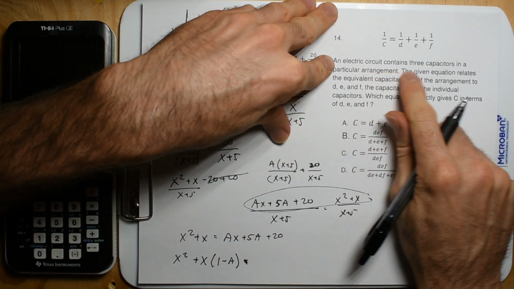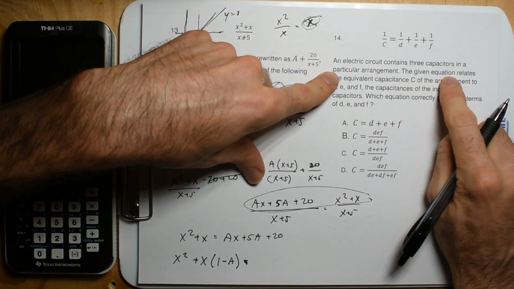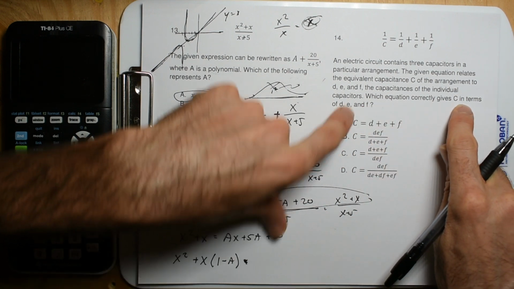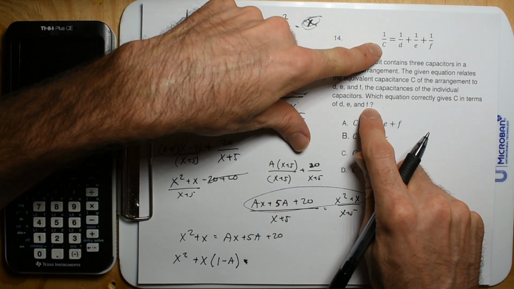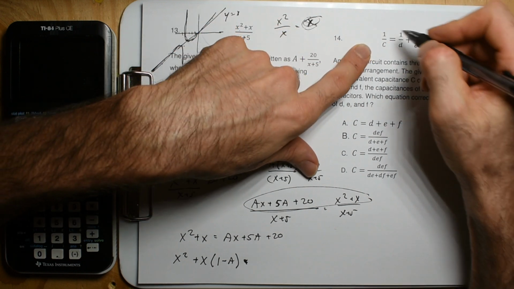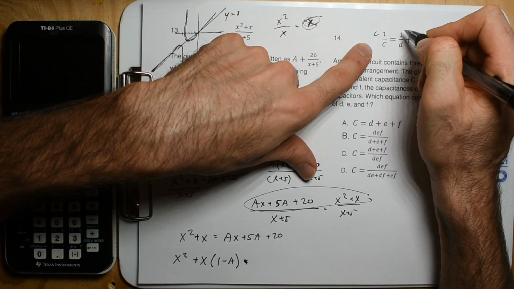An electrical circuit contains 3 capacitors in a particular arrangement. Let's just read the question. Which equation correctly gives C in terms of D, E, and F? Okay, so we just got to pop C up top.